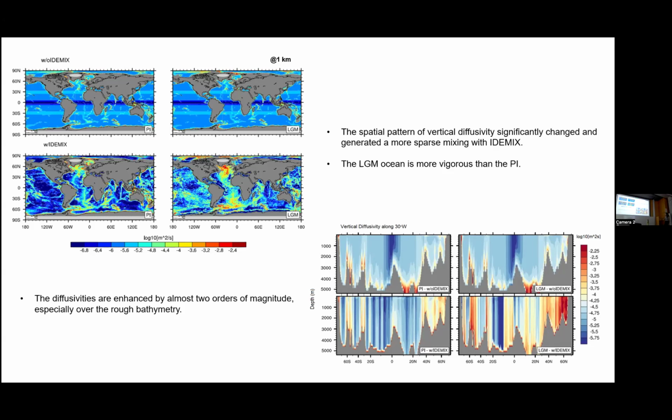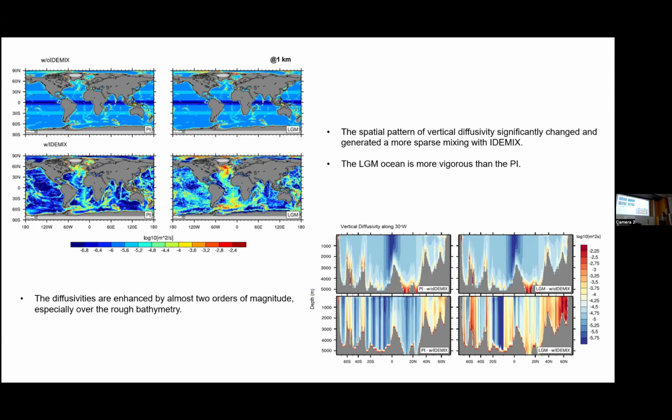And when we get close to the deep water formation sites, for instance here, we know that the tidal forcing was also stronger, so our bottom forcing was also stronger. Then we see this increase in the vertical diffusivity, not just at the bottom, but it also goes to the upper levels, so the vertical extent also gets higher.